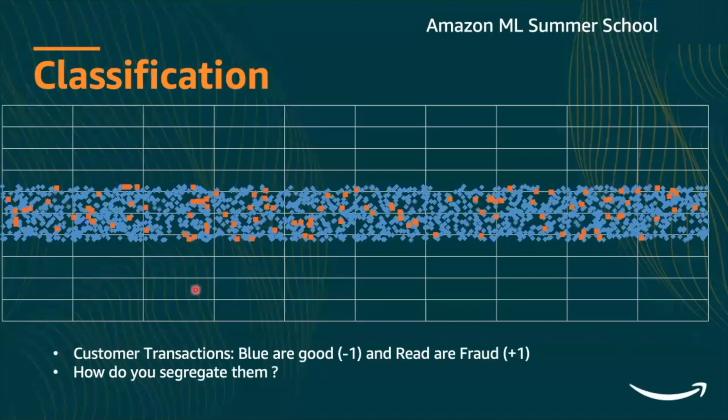Now, let's look at a problem of predicting if a customer transaction is fraudulent or not. So on the figure, what you see is the order stream, right? The blue points are the good orders, and the red ones are fraudulent orders.